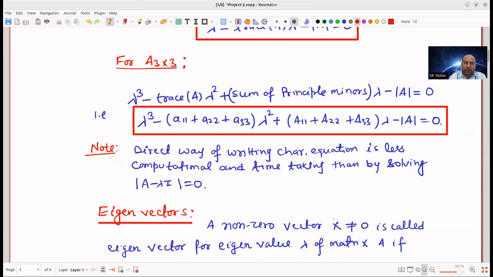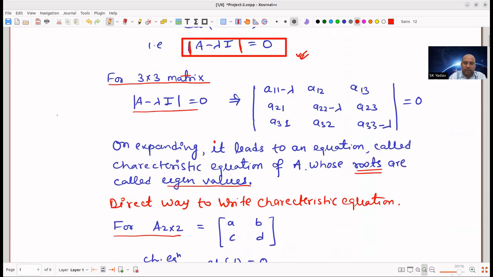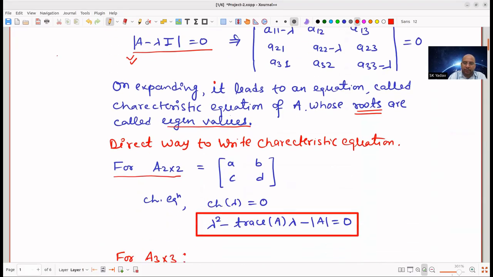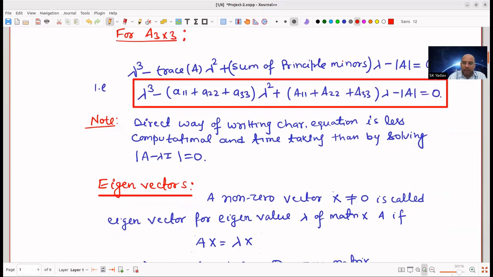I think this is an easier way than solving the determinant A minus lambda I equals 0. You can use either way to write the characteristic equation of matrix A. After that, you can solve this cubic equation to get the 3 eigenvalues of the matrix.